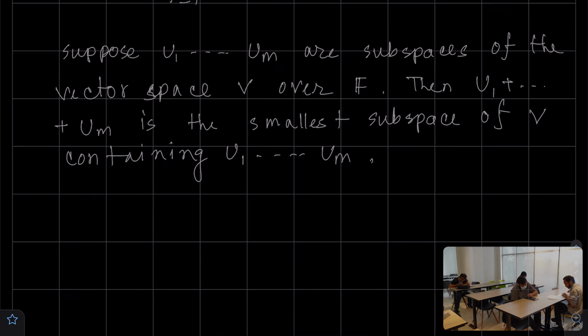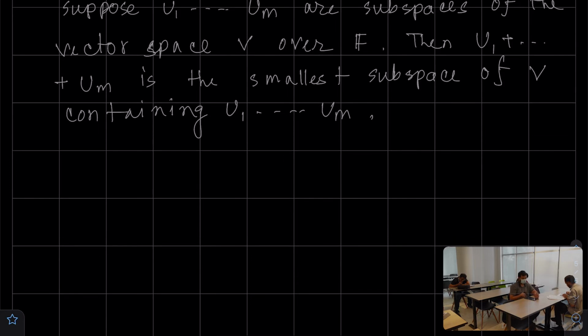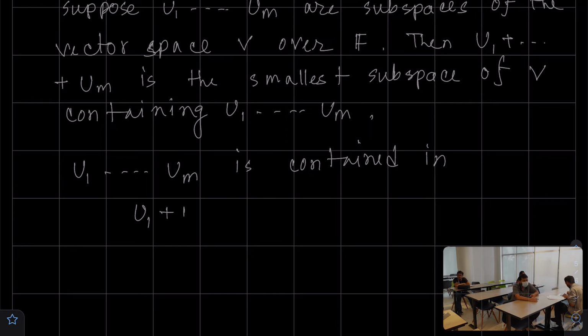Now all these U1, ..., UM are contained in this summation, right? Isn't it?